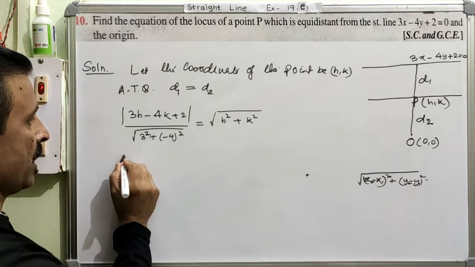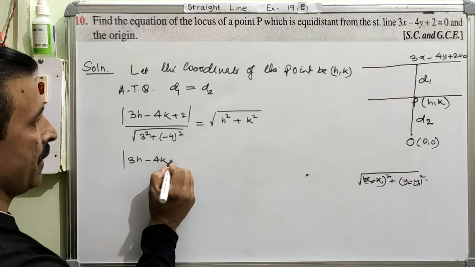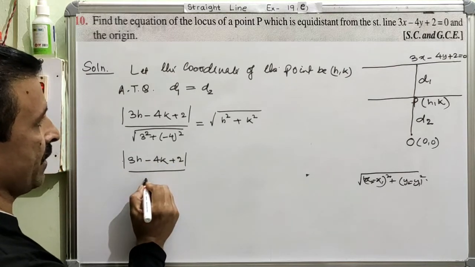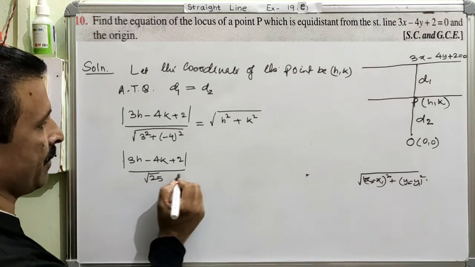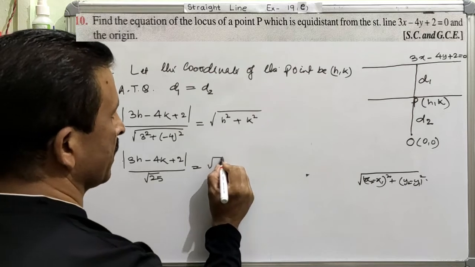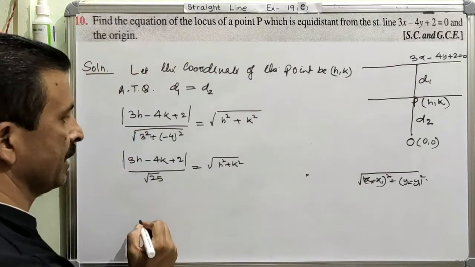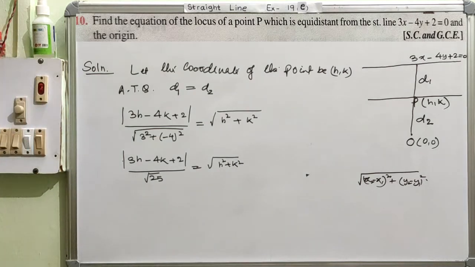This is mod of 3h minus 4k plus 2 divided by root over 25, and root over 25 will become 5, is equal to root over h square plus k square. Is it okay? Now this will be sent to the other side.